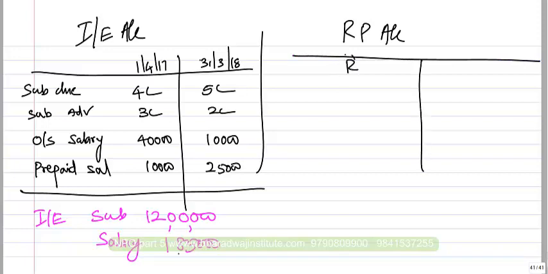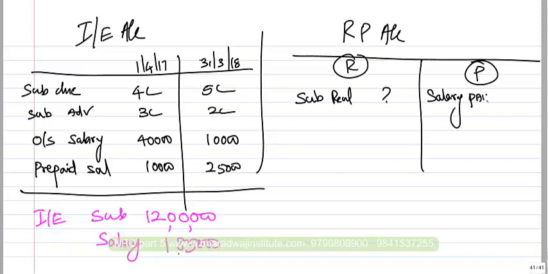We will record all the receipts and all what? Payments. In that, what is the subscription received? What is the salary paid? This is what we are going to record. But in the income and expenditure account, are we recording collection and payment, or on accrual basis we are recording? Accrual basis we are recording. So what to do?